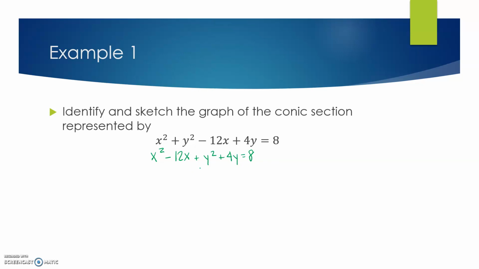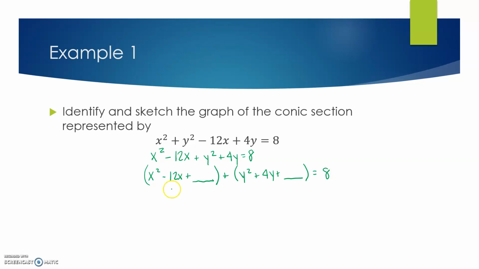But I'm going to use completing the square. And so I'm going to write x squared minus 12x plus blank, and I'm going to put all that in parentheses. Then I'm going to have y squared plus 4y plus blank and equals 8.